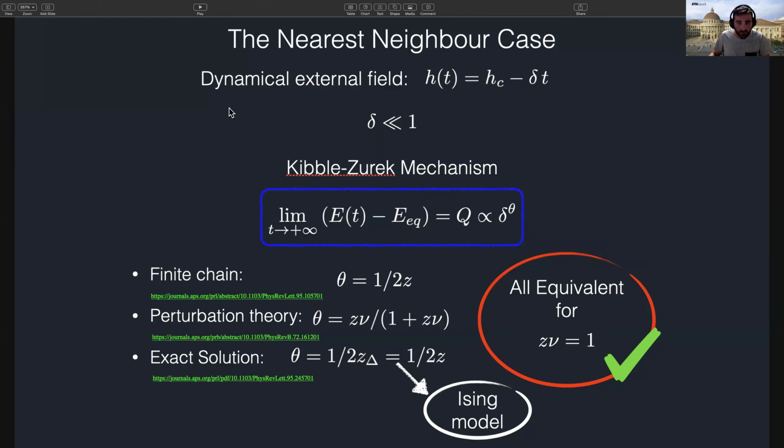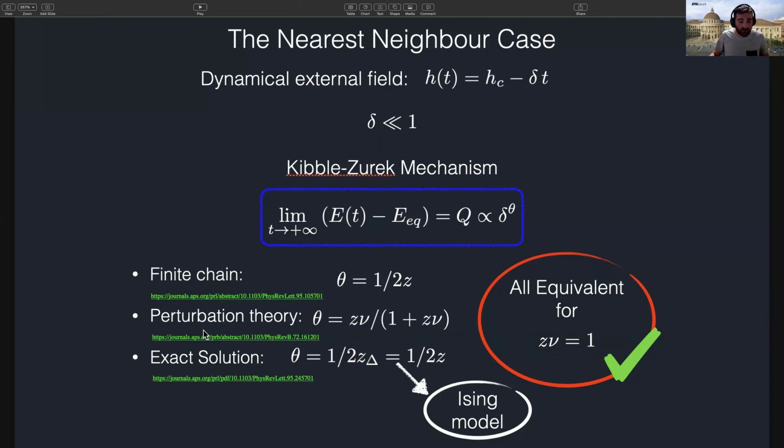The one that summarized the field best is this one from Dorner, the first author, in which for the first time the density of defects of the quantum Ising chain in 1 dimension with nearest neighbor interaction was computed, and they were using a finite size scaling argument to relate the density of defects with the critical exponents at equilibrium.